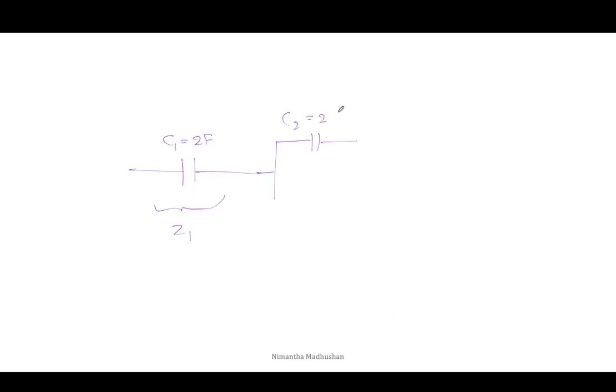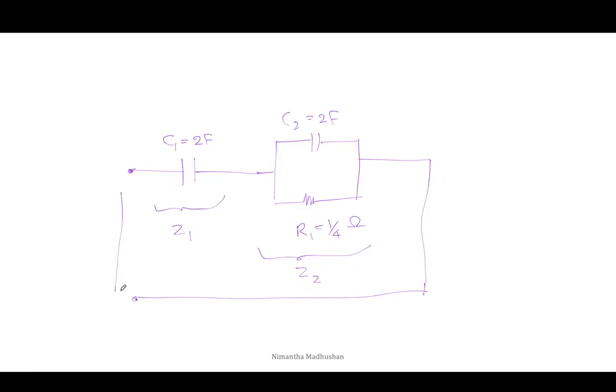C2 is a 2 farad capacitor and R1 is 1 over 4. This one will be Z2. Then we can get the total impedance from these two terminals. This will be the Z_RC.